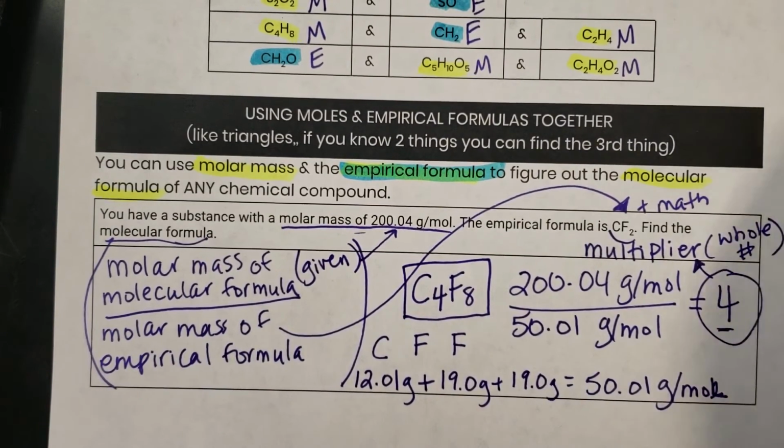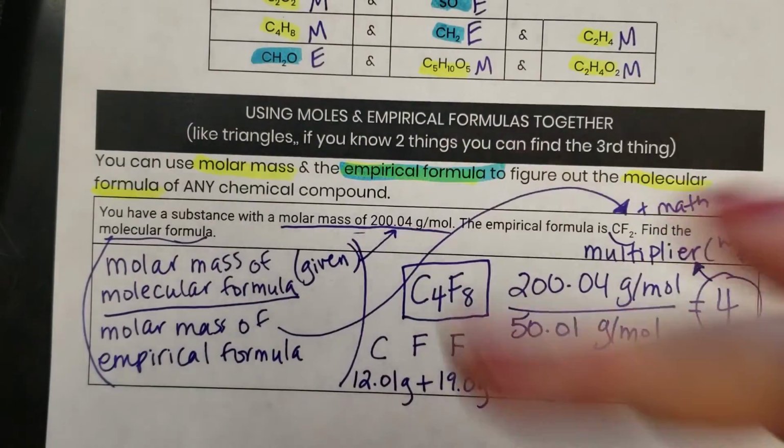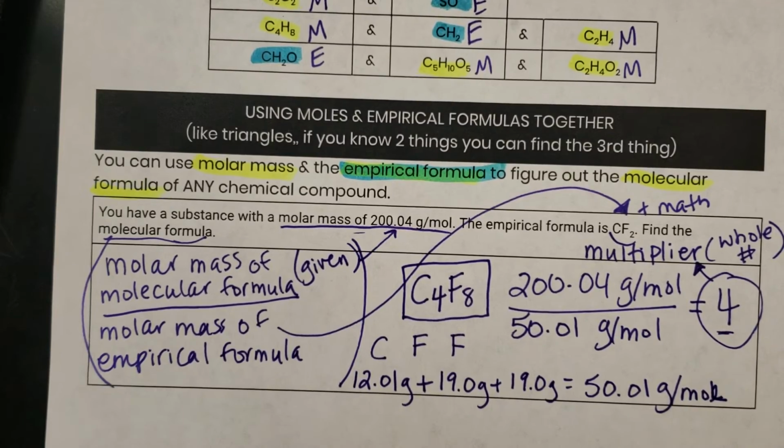All right. So after you finish this, I would like for you to trim it, and you're going to tape it onto page 78. Okay? So on page 78, you're going to trim this out.